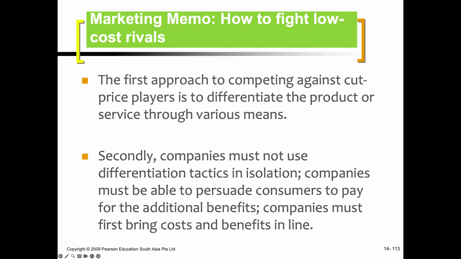Secondly, companies must not use differentiation tactics in isolation. Companies must be able to persuade customers to pay for the additional benefits, and must first bring costs and benefits in line.